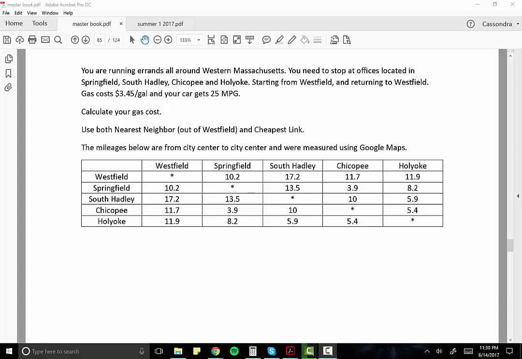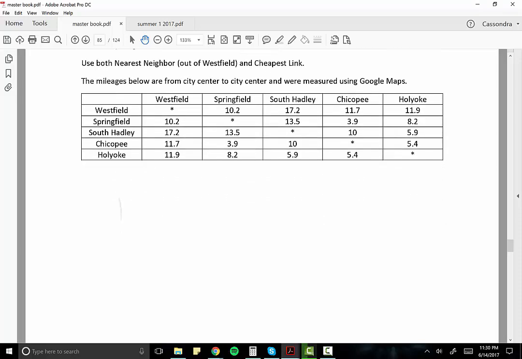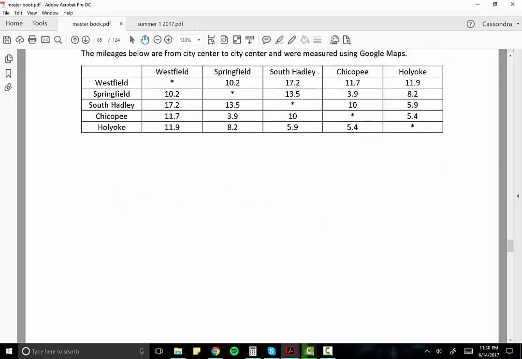So you need to calculate your gas costs using both nearest neighbor out of Westfield and cheapest link. The mileages below are from city center to city center and were measured using Google Maps. So what is happening in this matrix is that you have a complete graph of 1, 2, 3, 4, 5 vertices: Westfield, Springfield, South Hadley, Chicopee, Holyoke.